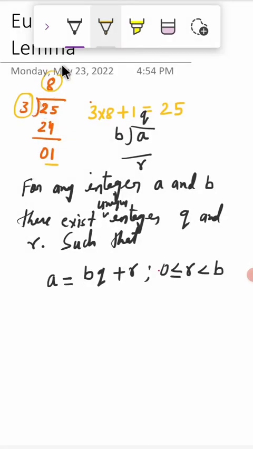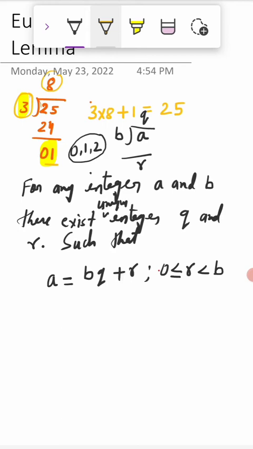In this case, when we divide the number by 3, our remainder can be 0, 1 or 2. That means it should not be more than 3. It can be 0 or greater than 0, but it is always less than our divisor, that is 3. So this is the simple format of Euclid division lemma.